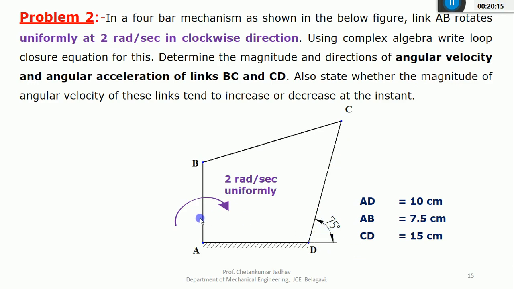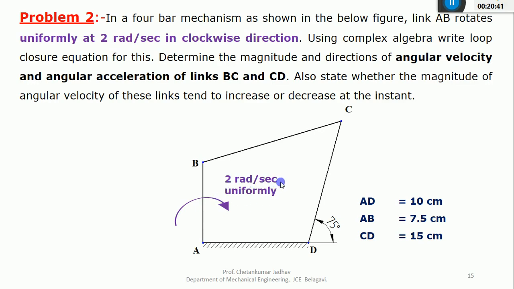And it is given the input is 2 radian per second, uniformly. So this word is also important. 2 radian per second means it is rotating at a speed of 2 radians per second. Per second it will rotate 2 radians. For the first second it is going to rotate 2 radians, for the next second again 2 radians, because it is given as uniformly.